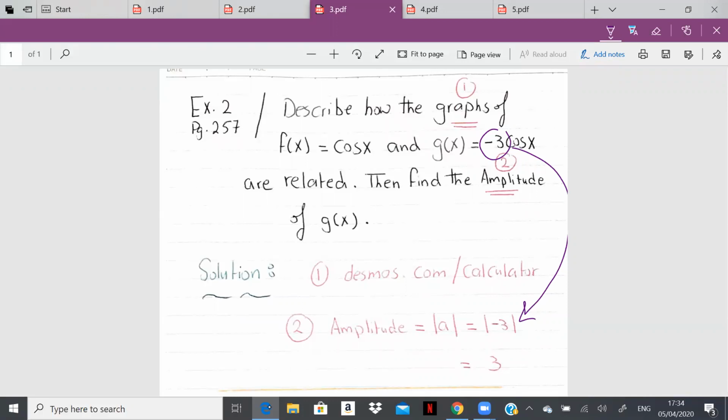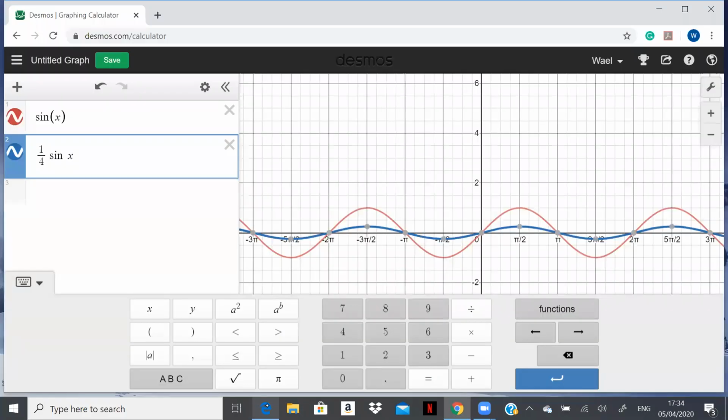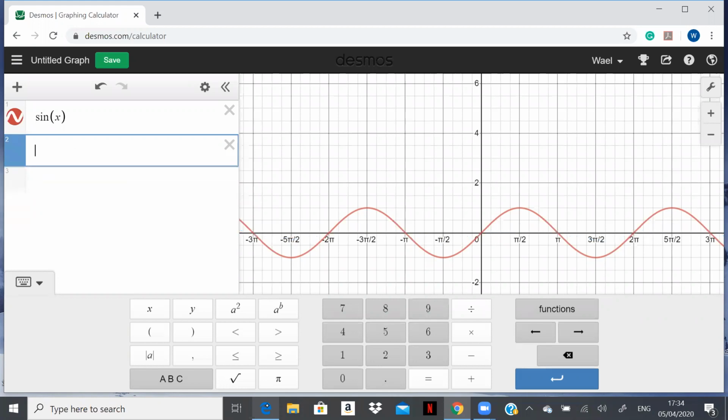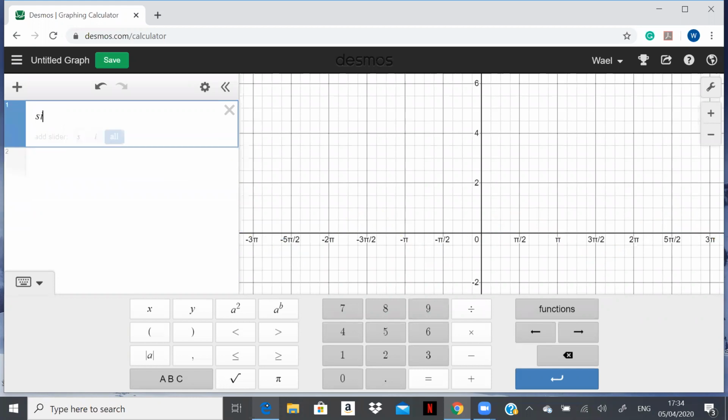Let's go to the graph. How can we graph it? We're doing example number 2. So erase everything, and you can do it on your keyboard itself, or you can use the keyboard on the monitor. Let's do it writing.